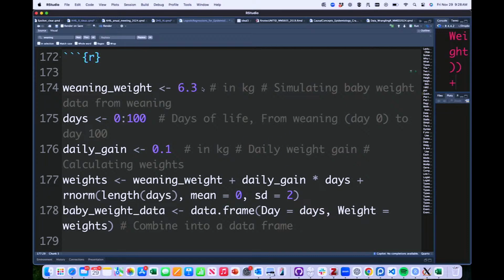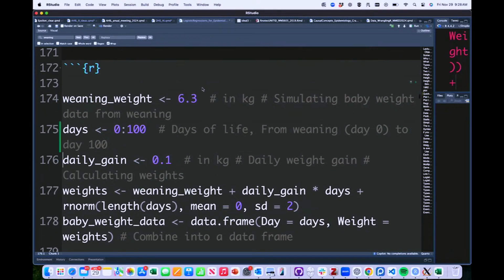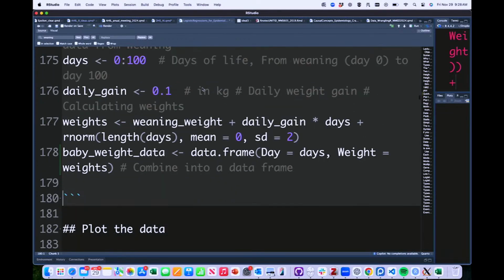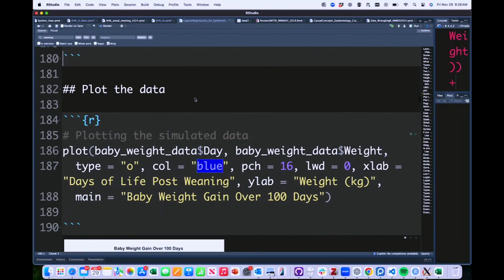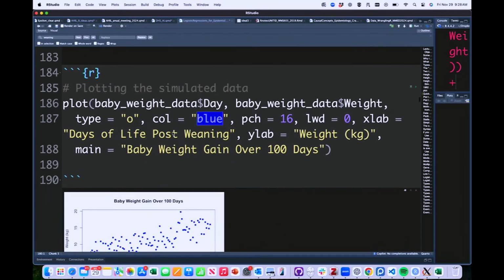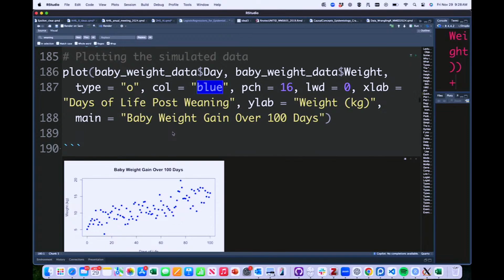So I'm going to run that. We can plot the data. So the next thing I want to do is plot the baby weight data, which is the data frame that you have created.